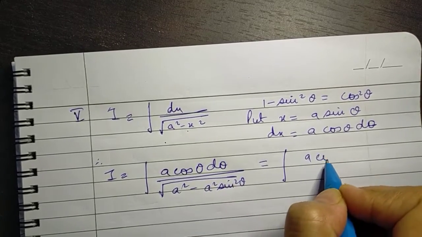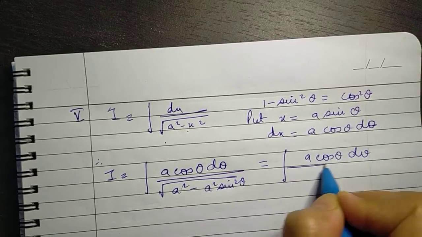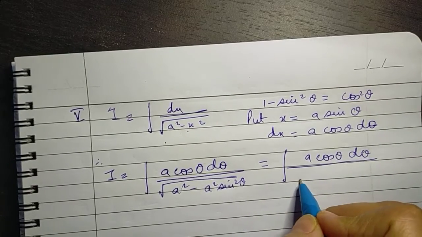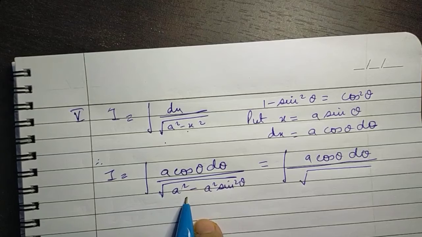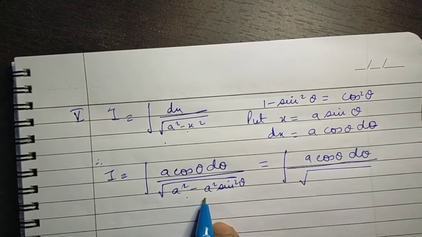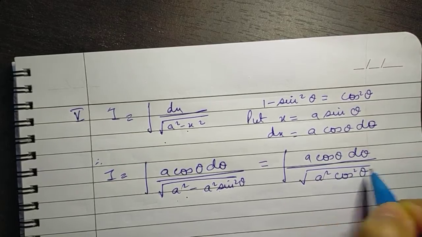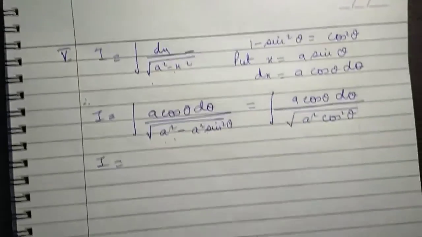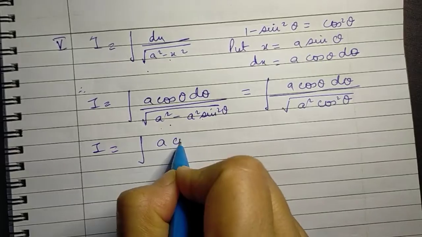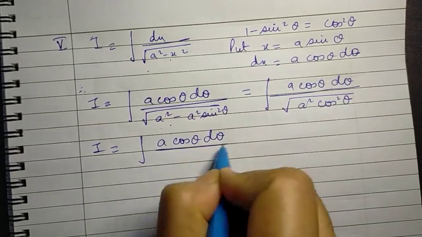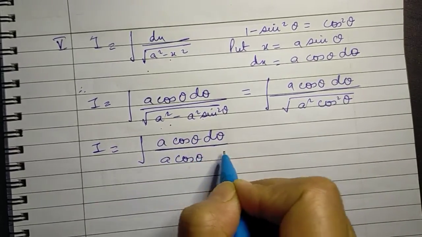Now this gives us a cos theta d theta whole upon square root of, if you take a squared common you will be left with 1 minus sine squared theta, which is cos squared theta, so a squared cos squared theta, and I comes out to be the integral of a cos theta d theta whole upon a cos theta.